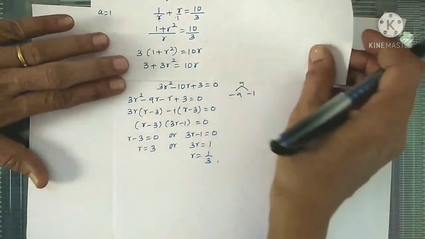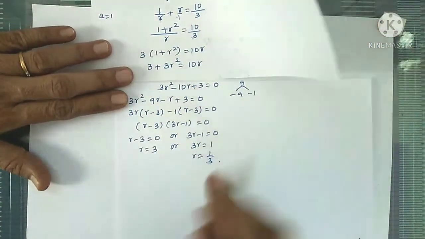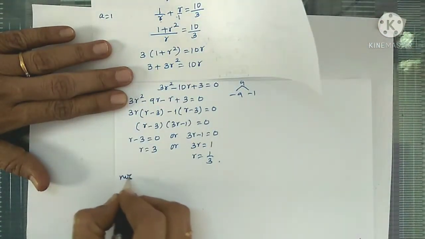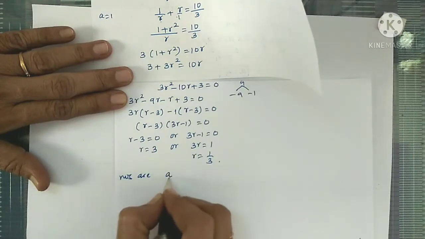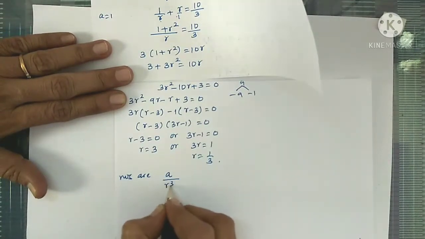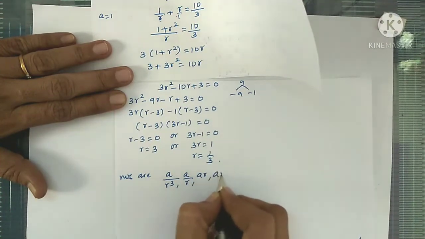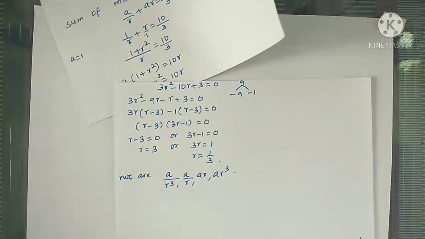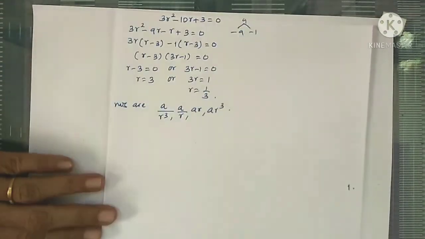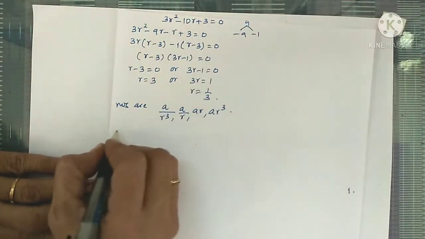Now first of all let's put r = 3. So the numbers are a/r³, a/r, ar, ar³. Here we are considering a = 1.